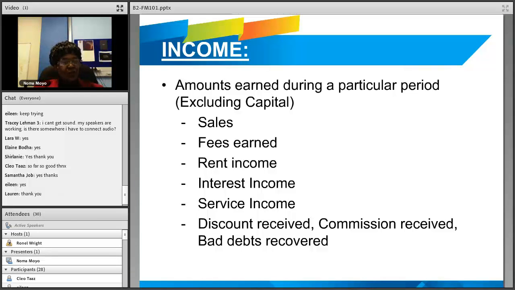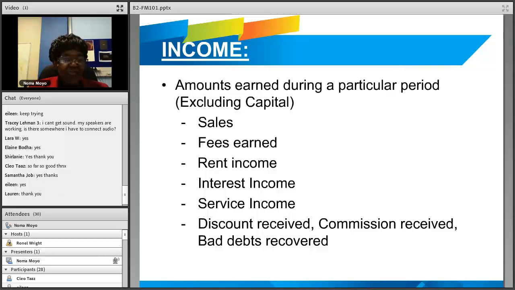Now, let's talk about income. What do we mean by income? Income is what is earned, for instance, fee income. Income is earned during a particular period. There is always what is called an accounting period.